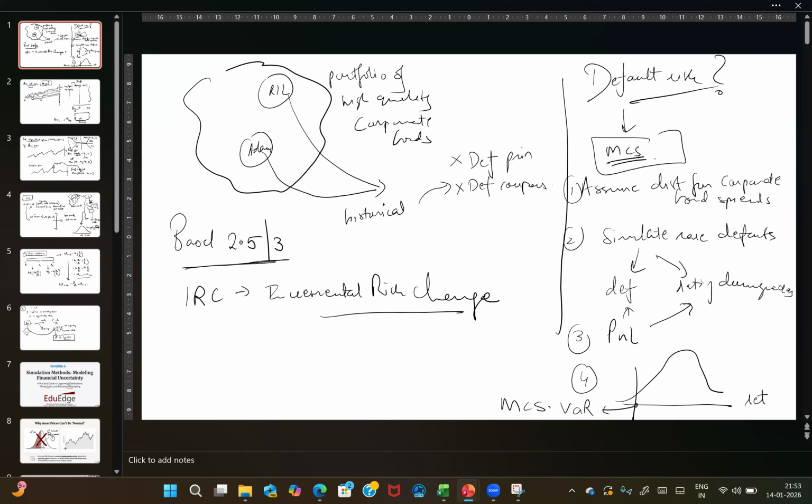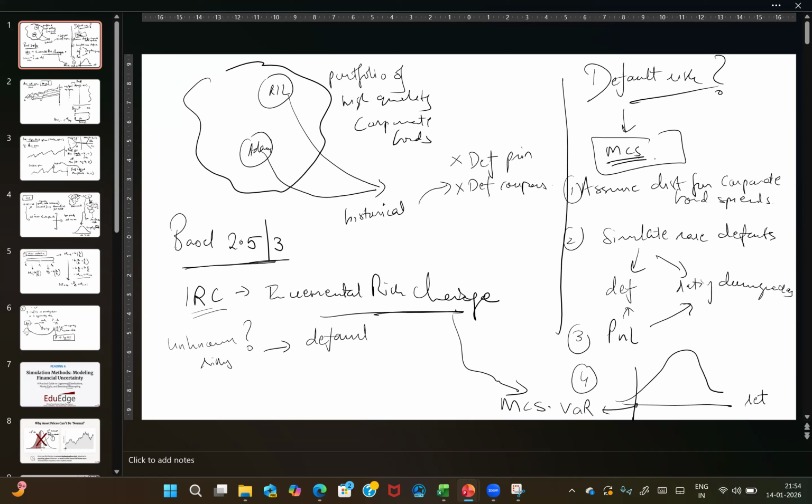This is not part of CFA, but I thought of giving you a bit of background on how MCS is useful in terms of VaR. So in Basel 2.5 or 3, there is a component called IRC, incremental risk charge, which uses the Monte Carlo simulation approach in order to calculate value at risk. So here, what kind of risks are we capturing? We are capturing unknown or unseen risks.